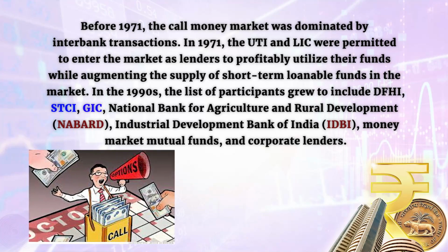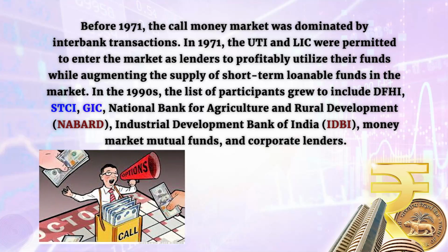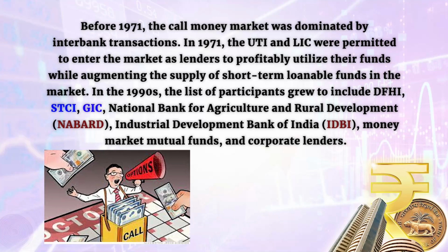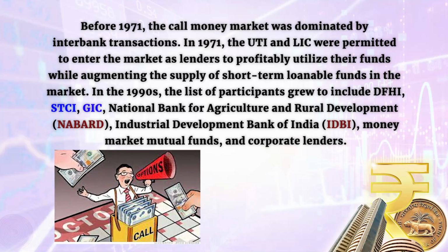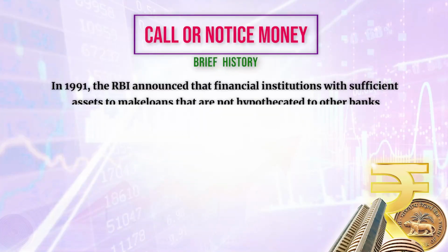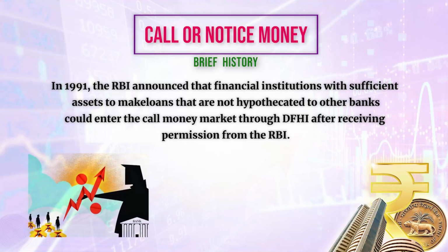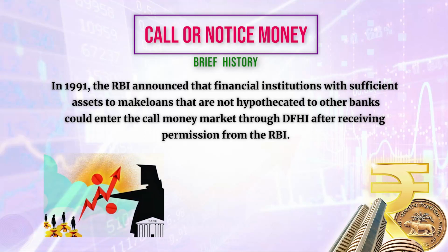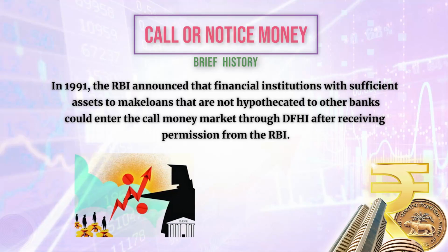Now, during the 1990s, some other players also entered the market like DFHI, STCI, IDBI, money market mutual funds, corporate bodies, etc. And during the 1990s, RBI also gave permission to those financial institutions that have sufficient funds to lend and are not hypothecated to any other banks to participate in the call money market.